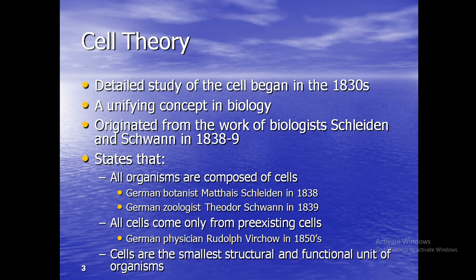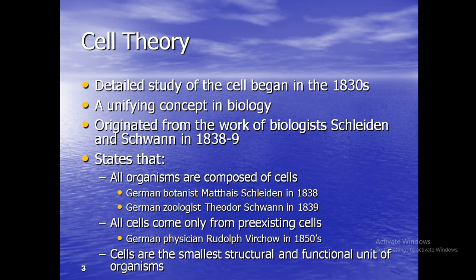Based on the detailed study of the cell, the cell theory was proposed. And this cell theory is so important that it is the unifying concept in biology, the very basic, fundamental, unifying concept. If you want to search in biology, that is nothing but the cell theory.